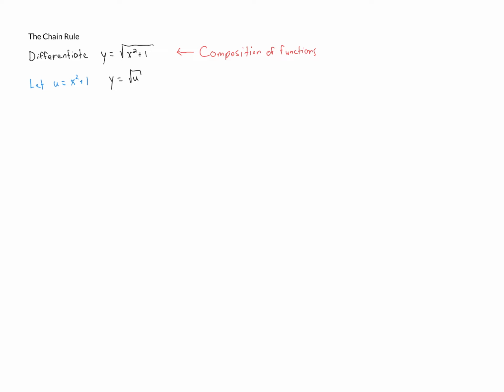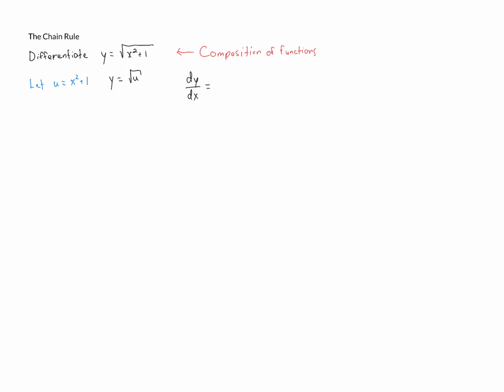I'm going to write out the chain rule, and there are different ways of writing it based on the different types of notation. I'm going to start with the one that, for me, is the most intuitive. In this original function, we want to differentiate y with respect to x, right? X is the independent variable that we're differentiating with respect to. So what we want is dy over dx, the derivative of y with respect to x.